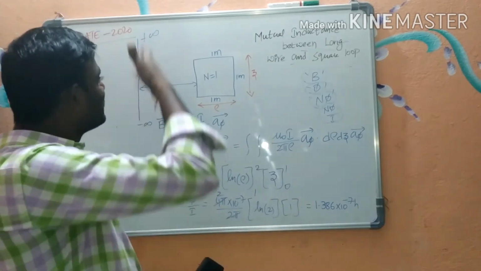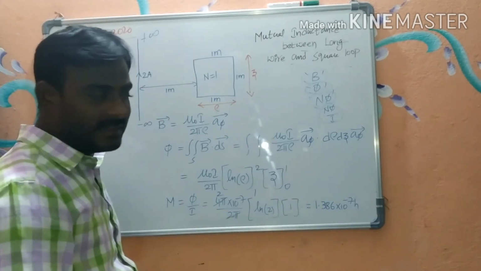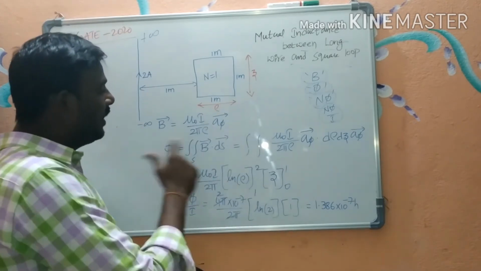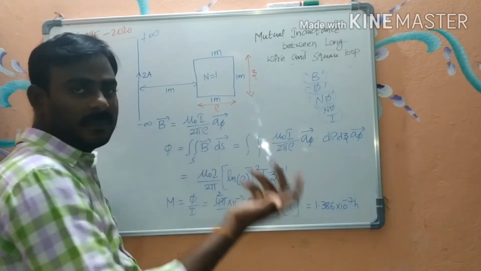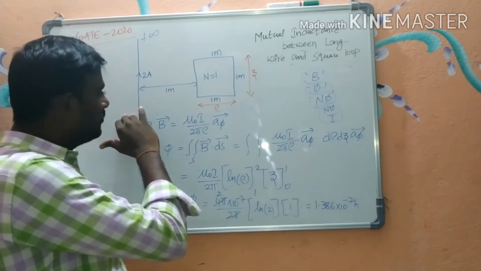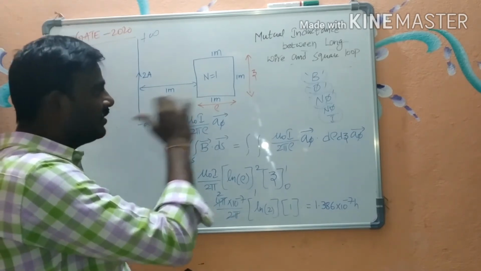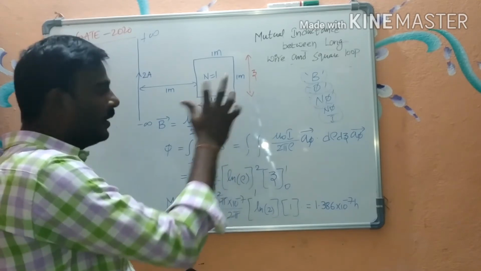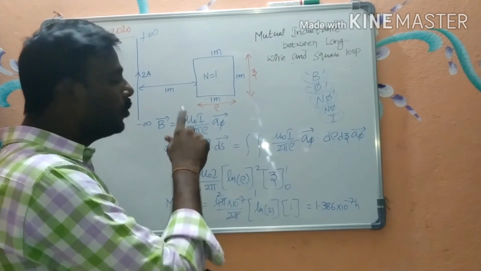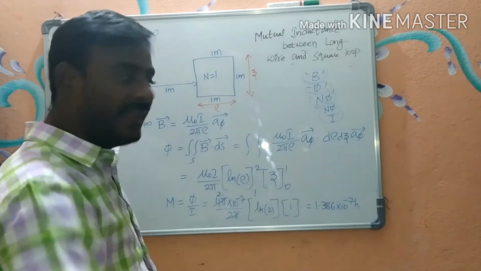For a long current carrying conductor, B bar is equal to mu naught I by 2 pi rho, in the A phi direction. Mu naught is the permeability of the medium between the conductor and the loop; the medium is air, hence I take mu naught as the permeability of air.